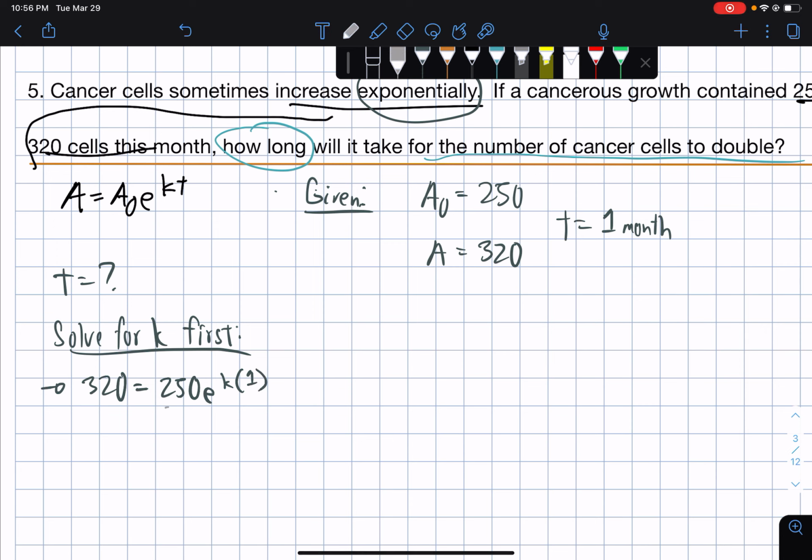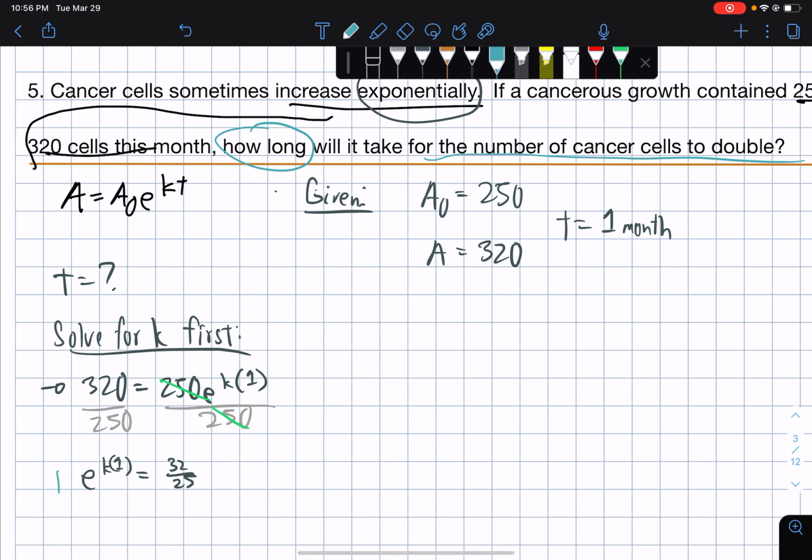So divide both sides by 250. e raised to k times 1 is equal to 320 over 250, which is simplified as 32 over 25.